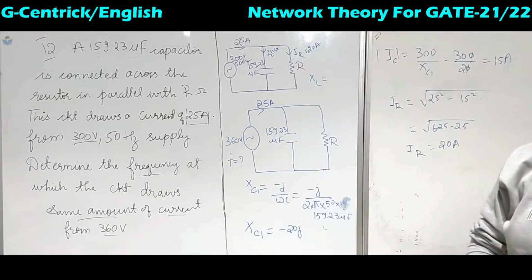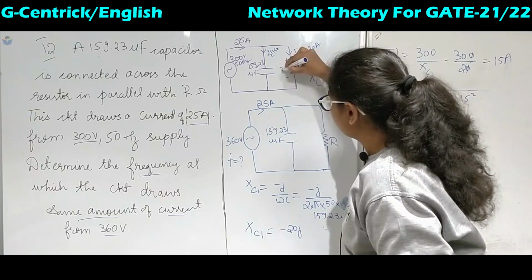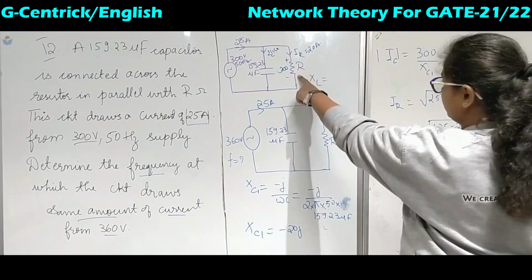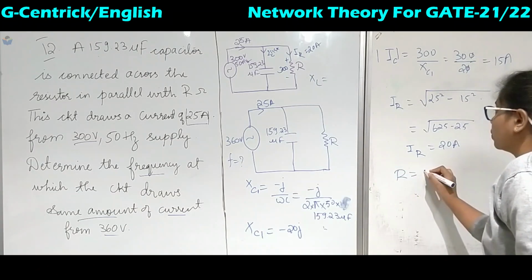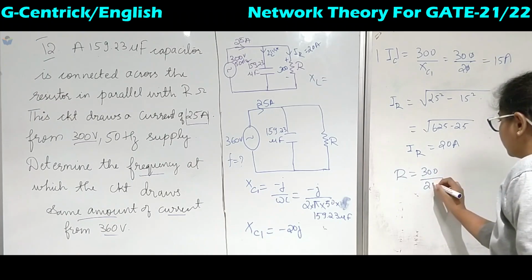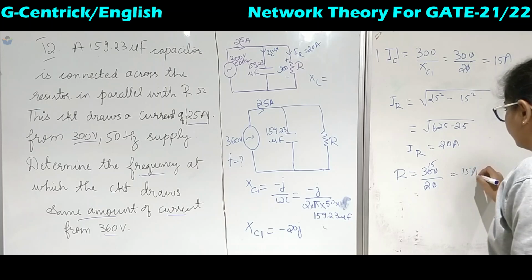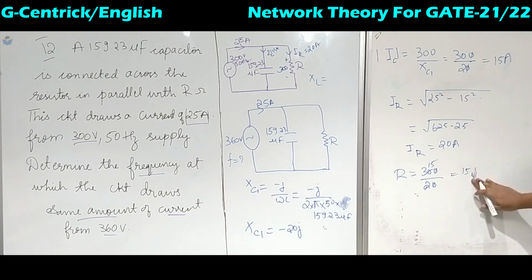Now you know the voltage across this one. Here it is plus minus 300 volt. So this R can be calculated as R is equal to V upon I. So here also we will get 15 amperes of current, sorry, 15 ohms.